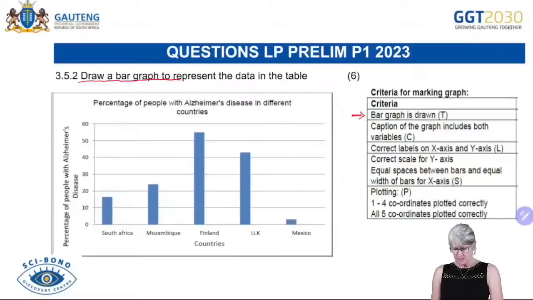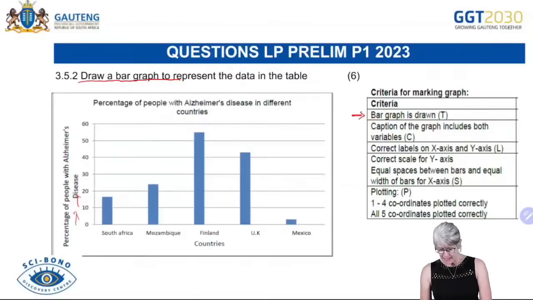All right. So I start at 0 and I'm going to go up to 60. So that will include 3 as well as 55. Okay, but I make them equal increments. So you can see on this graph here, we go up in increments of 10. It must be equal. All right. And if I do that, then my scale will be correct.